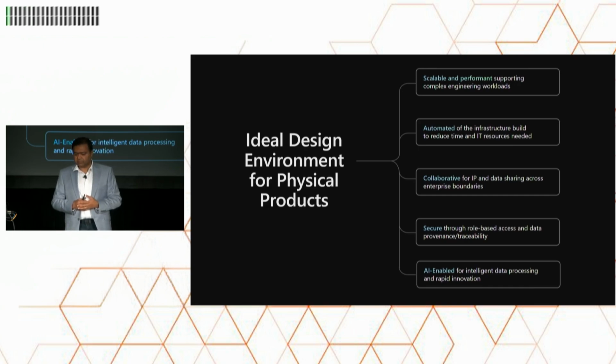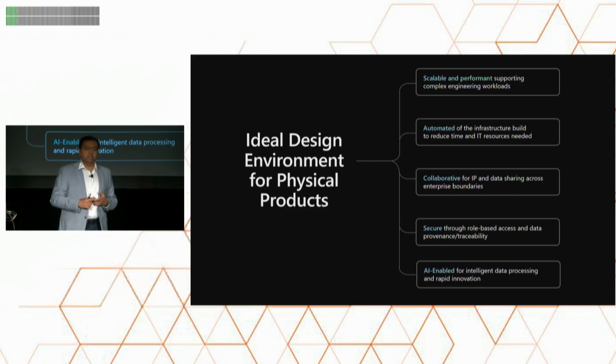The first one is scalable and performant. The platform needs to be able to manage the performance. These workloads are complex, the engineering systems are complex. The infrastructure needs to have a high performance network to be able to scale with the requirements of the projects.